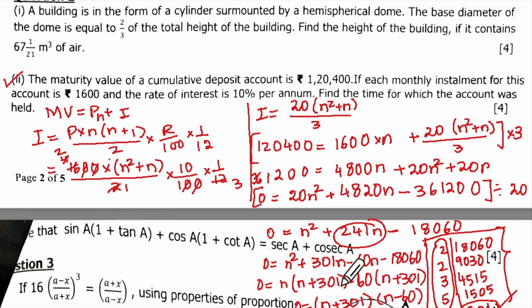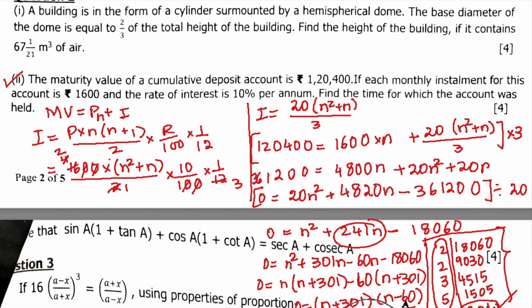Now after this you know how to proceed. So you will say n equal to minus 301, which is not applicable. So n is equal to 60 months, which is 5 years. Please mention not just months, but these months can be converted into a whole number year, no? Yes. 5 years, right? Both of them.